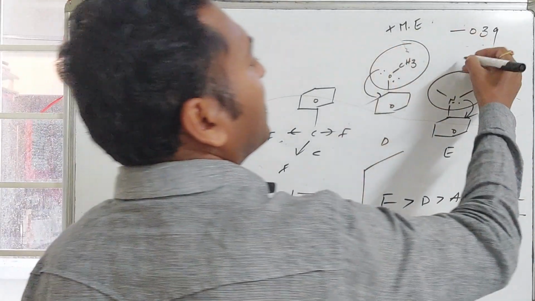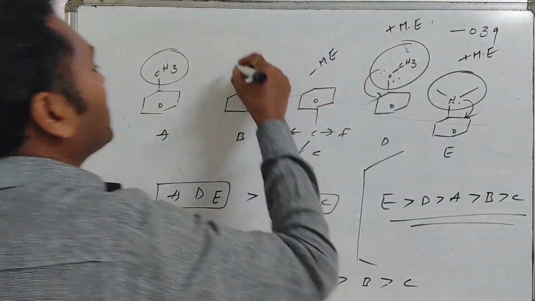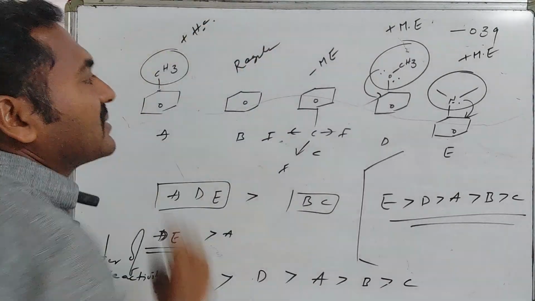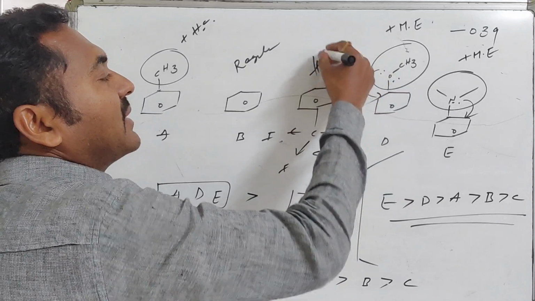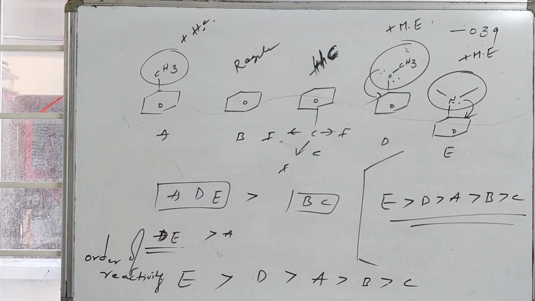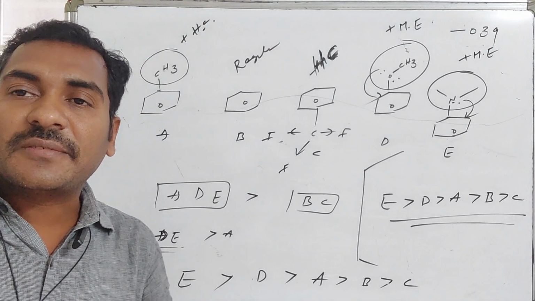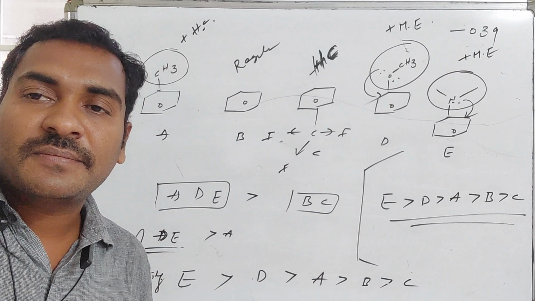Here a plus M effect, here also a plus M effect is present, here a minus M effect is present. This is a regular system, and here plus hyperconjugation is present. Here minus hyperconjugation is present. As it is a minus hyperconjugative group, electron density on the benzene decreases. As it decreases, its reactivity in electrophilic substitution reaction also decreases.